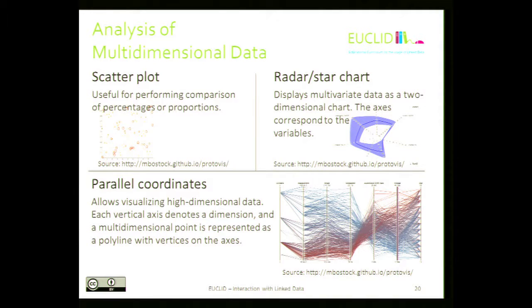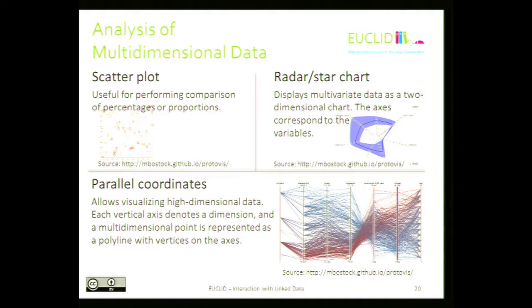Concerning multidimensional data, or especially here in the first case, the scatterplot for three-dimensional data, you have an x and a y-axis, two dimensions, and basically the third dimension is represented by the radius of a circle here.